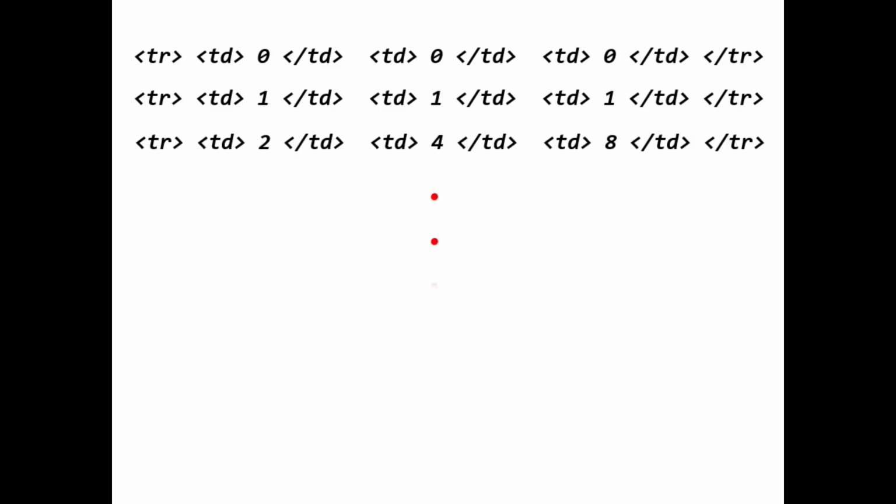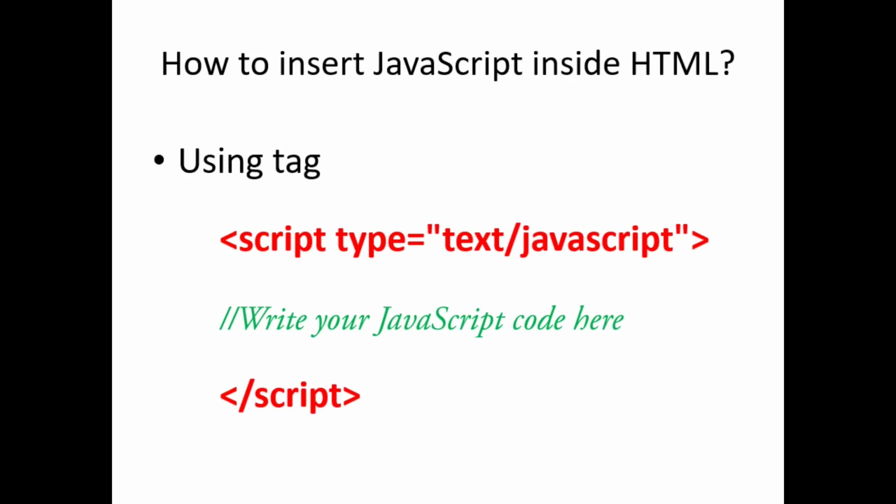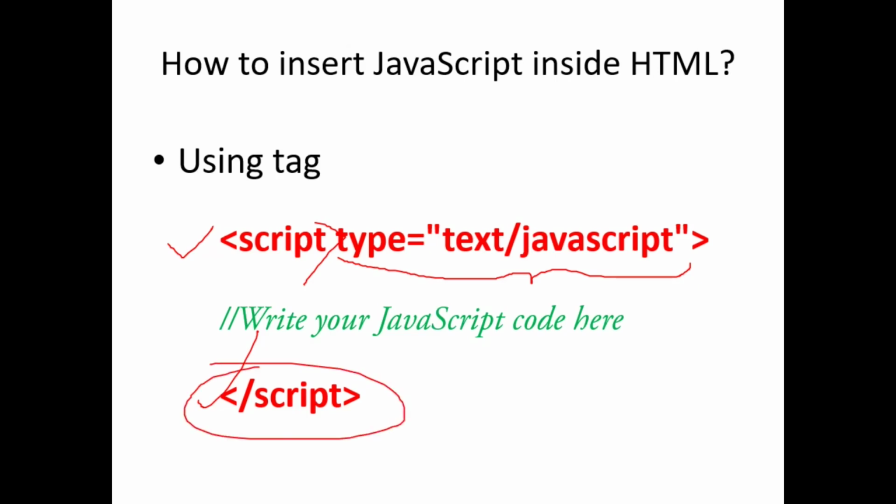Then 1, 2 and so on up to 10. I have already explained how to insert JavaScript code inside HTML, that is using script tags. You can specifically write the type of the code, that is text/javascript, or you can simply close with the script end tag.